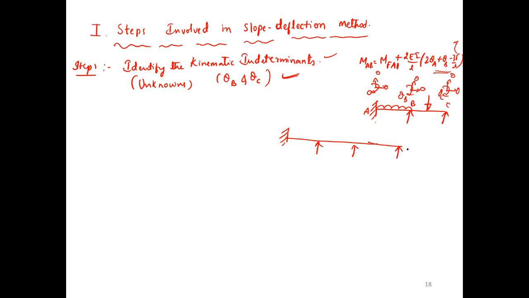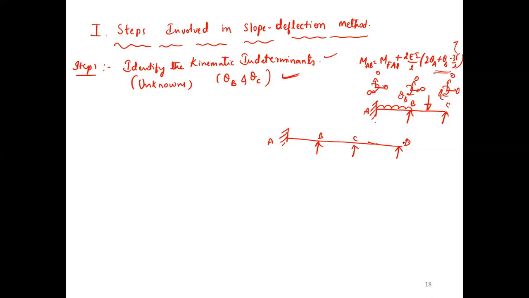For this beam, what is the kinematic indeterminacy? I will label the joints A, B, C, D. Theta B, theta C, theta D. Good.